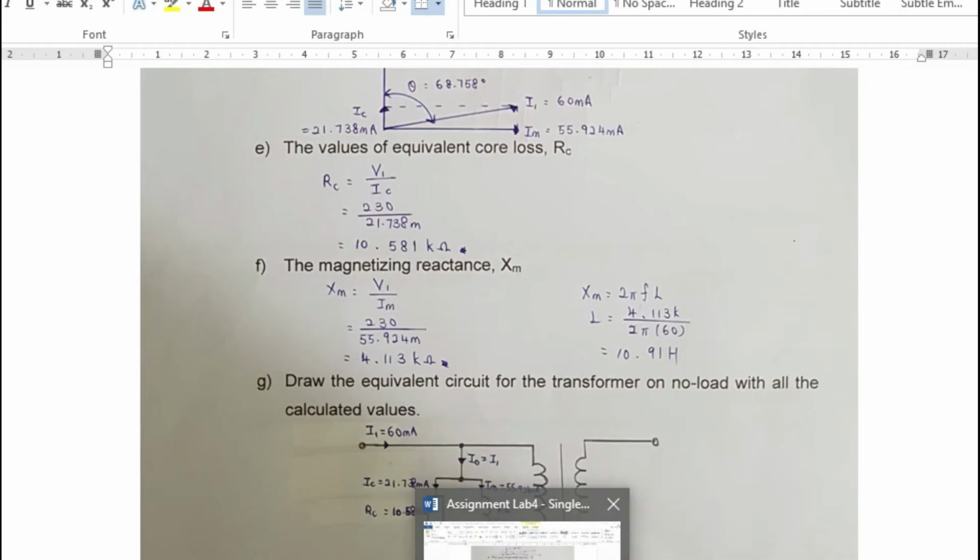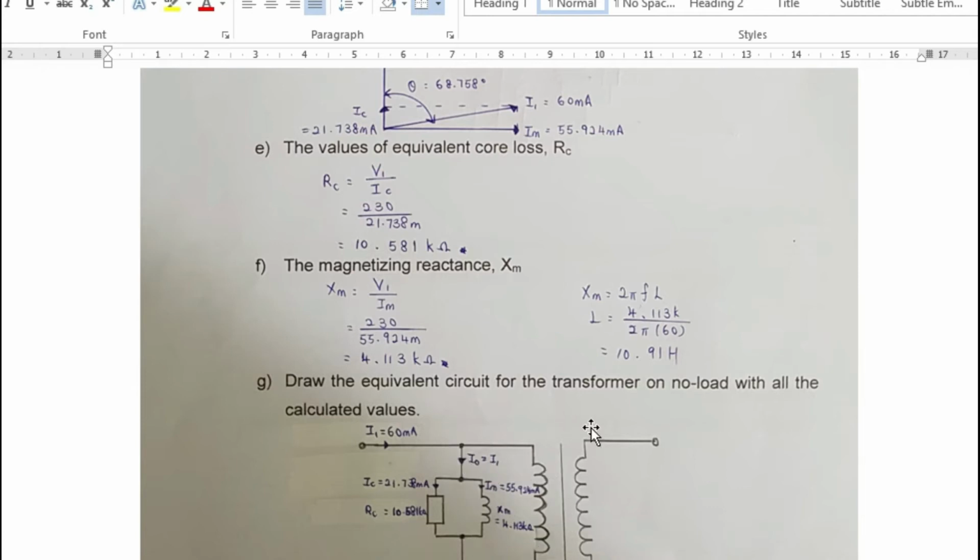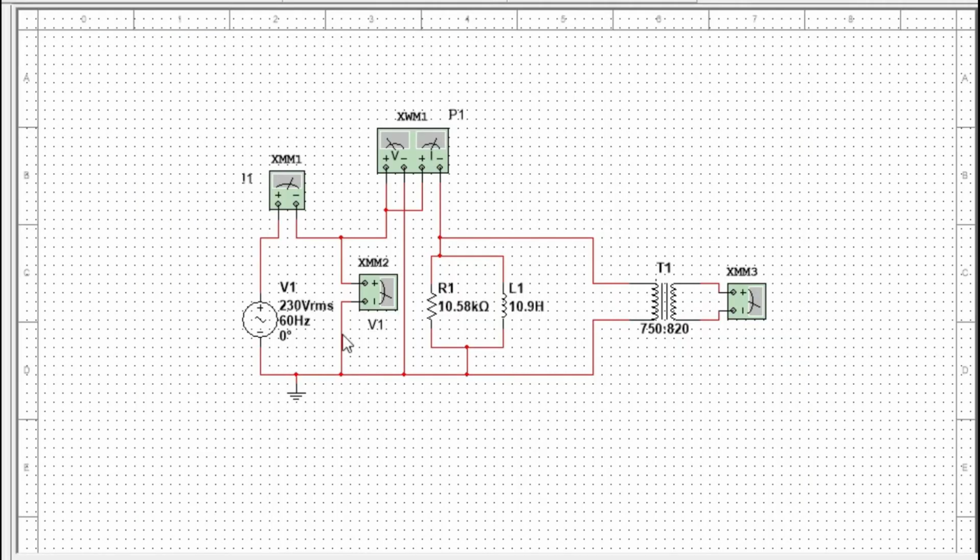And the last step is to draw the equivalent circuit for the transformer on no load with all the calculated values. No supply and all the values that I already calculated. And we are going to run this simulation to see the result.